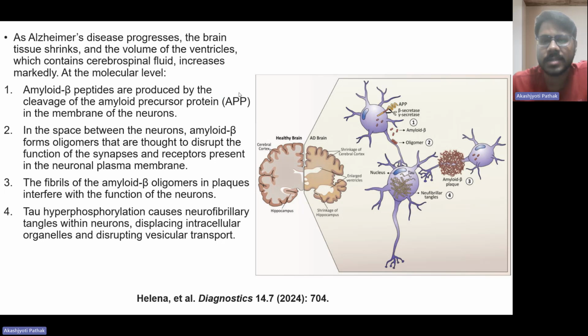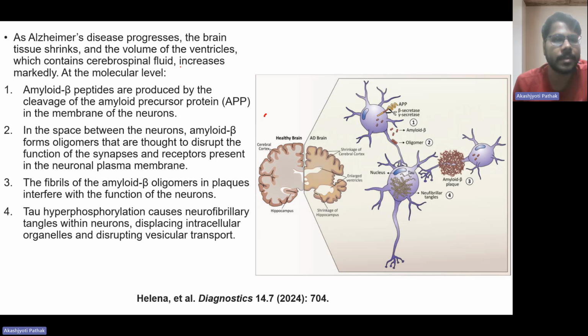Okay, so you can see this figure. This figure has been taken from a paper, and this paper describes how this disease progresses. So I was talking about this protein, the APP protein, which gets mutated and leads to the plaque buildup.